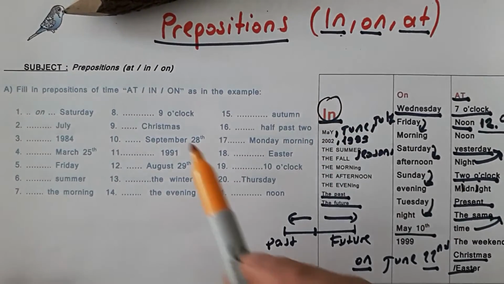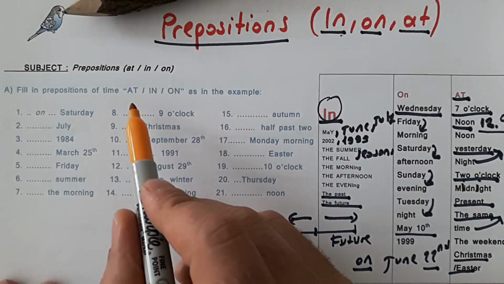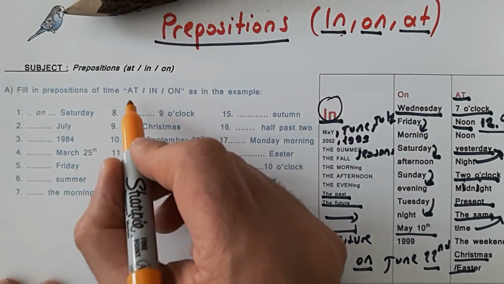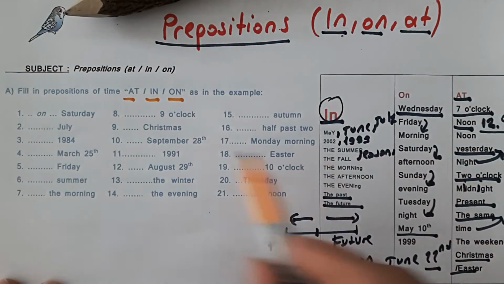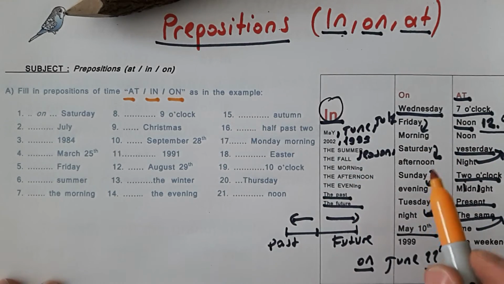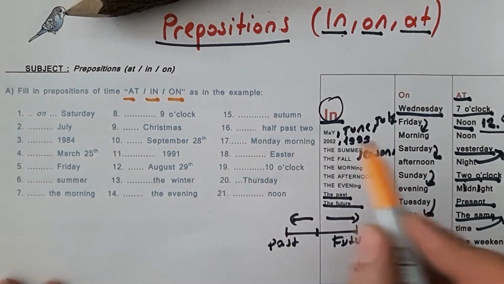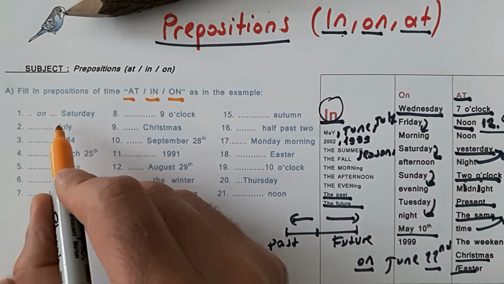Yes, friends, in the second part of our lesson, we will make some examples about prepositions at, in, on. While doing these examples, we can look at this chart and fill in the blanks appropriately. Now the first one is made for you.